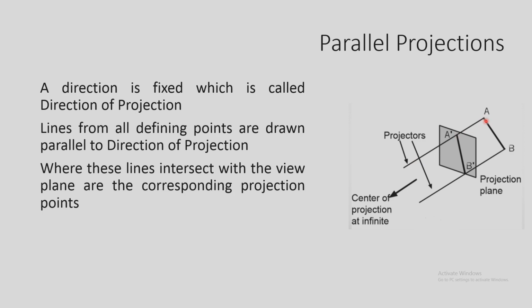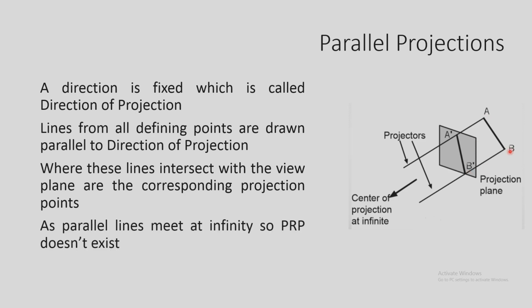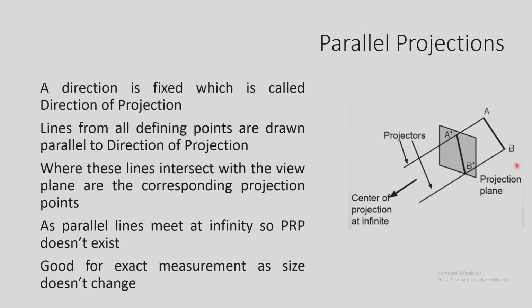So A dash is the projection point of A. Similarly, B dash is the projection point of B. So in such kind of projections, because these lines are parallel and do not meet anywhere, virtually they meet at infinity, so the center of projection in such case is also at infinity, means it virtually does not exist. So the difference between parallel and perspective projection is, perspective projection is described by a projection reference point, whereas parallel projection is described by a direction of projection.